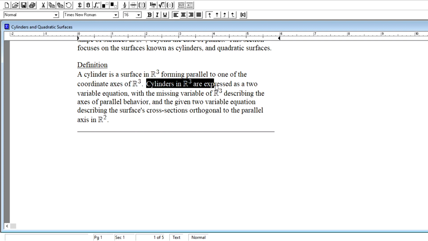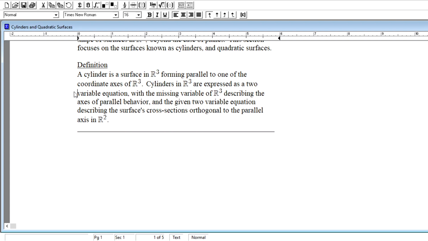And in R3, they are expressed as a two-variable equation, with the missing variable of R3 describing the axis of parallel behavior, and the given two-variable equation describing the cross-sections orthogonal to this parallel axis in two-dimensional space.